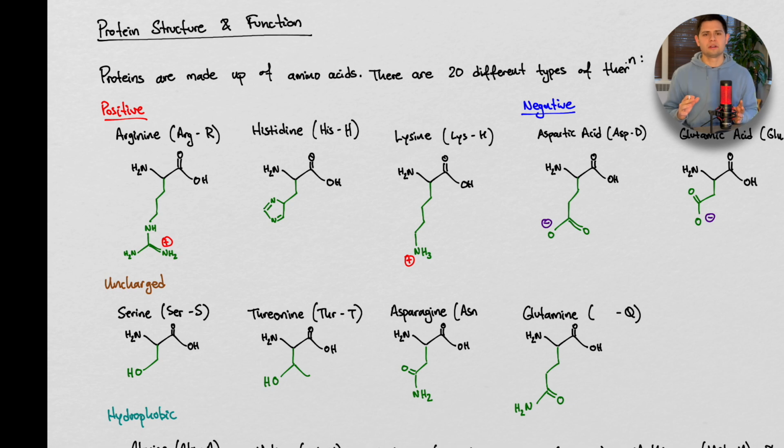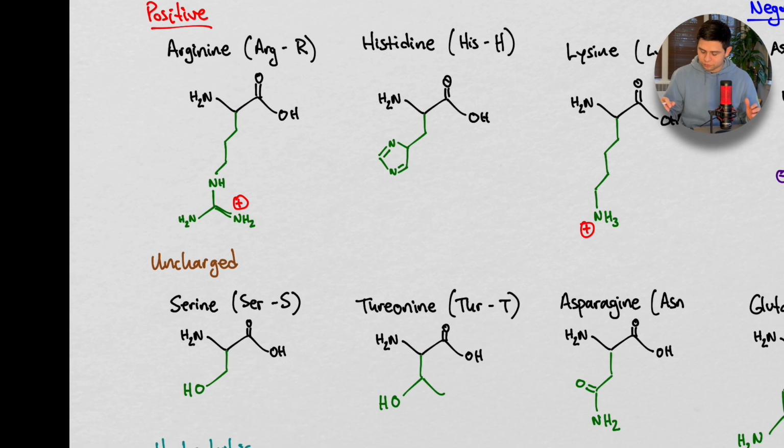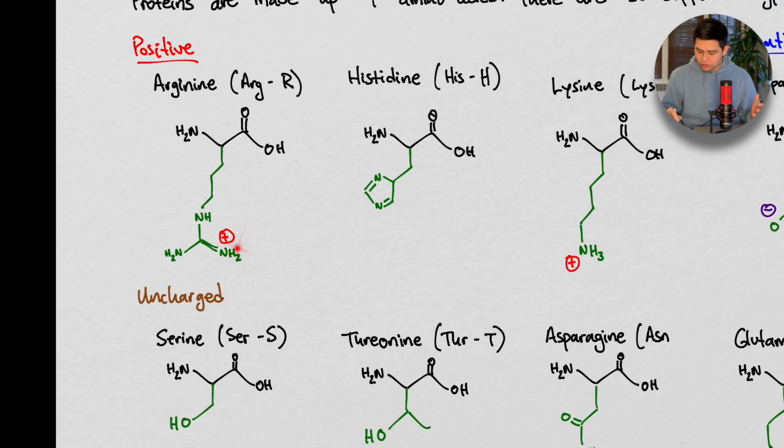What's going on here? So at physiological pH, arginine, histidine, and lysine are positively charged. Okay, positively charged, simply put, means that there's an extra bond on that atom. Think of it as positive charge. There's an extra bond on the atom that you're looking at. So in the case here, we have arginine.